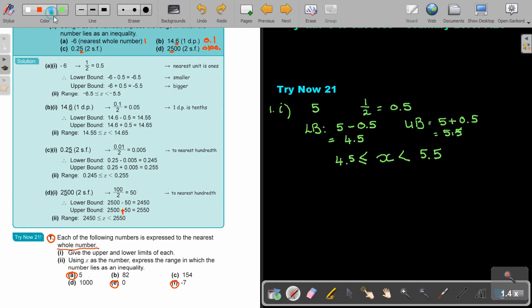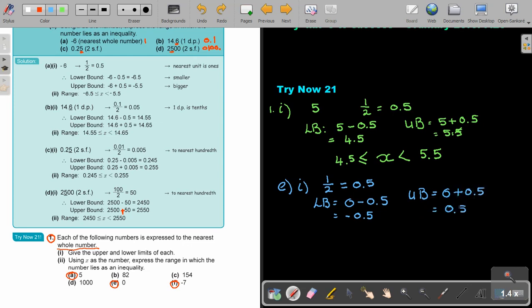And if I look at number E, okay, let's just do number E. And again, the first one. It's to the nearest whole number. It's still 1. Whole number is always 1. So it's 0.5. For my lower bound, I take 0 and subtract 0.5, and you get negative 0.5. And for my upper bound, I take 0 and add 0.5, and it's going to be positive 0.5.